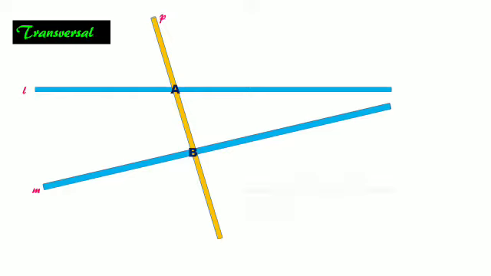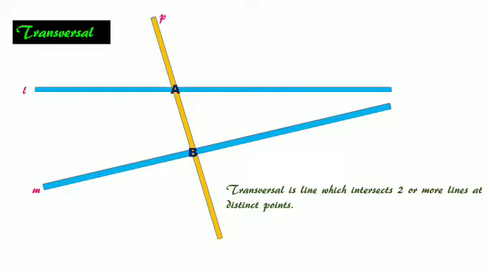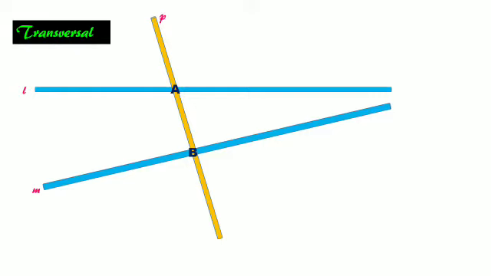Okay, now you can see this transversal line. This transversal line is a line which intersects two or more lines at distinct points. When transversal P cuts the intersecting lines L and M, the first angle is formed here.